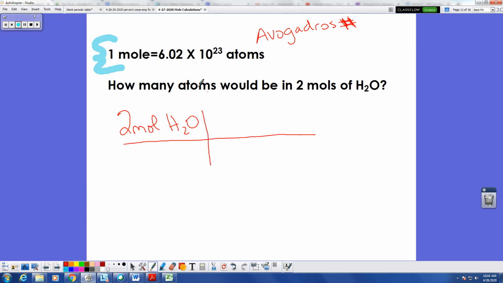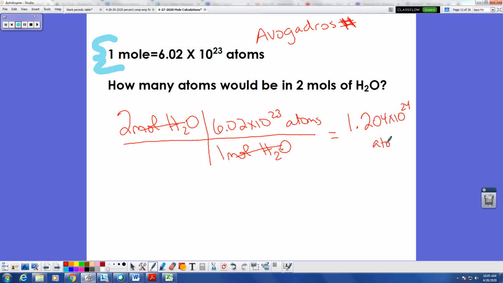Okay, and then our conversion factor, 1 mole, in this case of H2O, equals 6.02 times 10 to the 23rd atoms. Okay, so the moles H2O and the moles H2O cancel, and you should get 1.204 times 10 to the 24th atoms H2O.